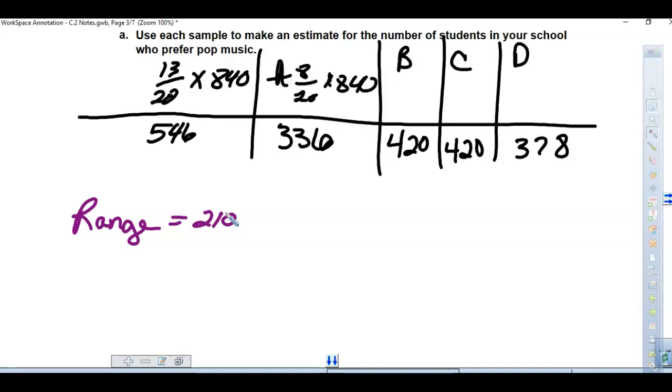What does that tell us about the population, about our samples? Are they accurate individually? Would you consider these samples accurate if we just picked one at random?